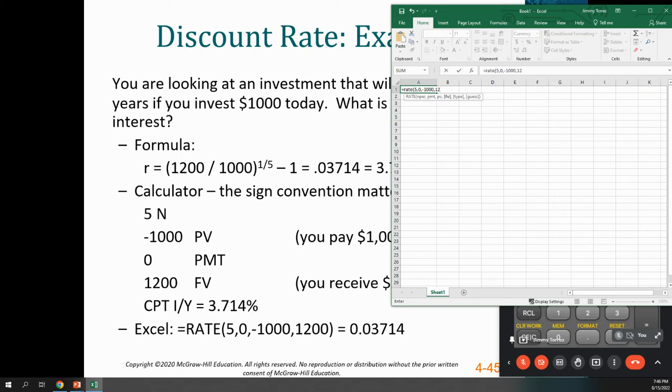And my future value is 1,200. And the type is going to be 0, that's a default. And I don't know why it would give me a dollar sign there, but that's a dollar sign anyway. It's 0.03714, which is what we got here. Alrighty.